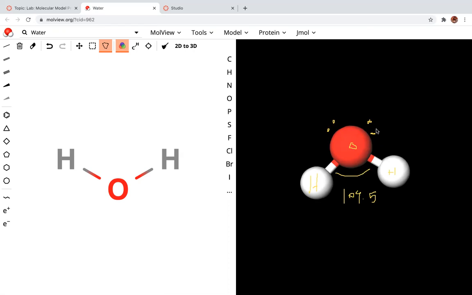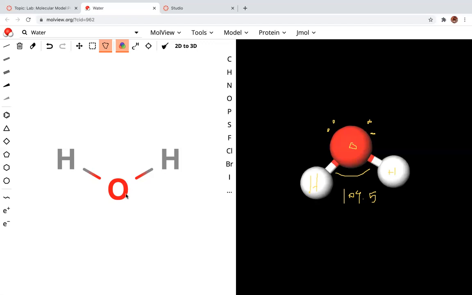The molecule is polar. Let's talk about the bond polarity. Oxygen is more electronegative than hydrogen. As we know, to determine electronegativity we go from bottom to top, left to right on a periodic table, and it shows us that oxygen is more electronegative.